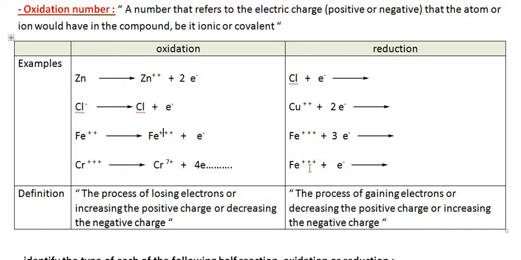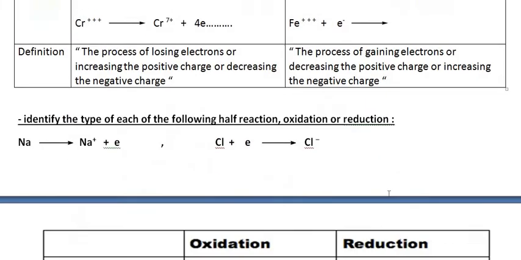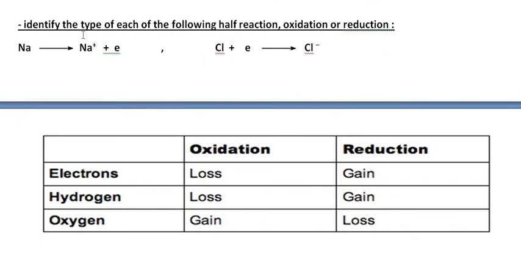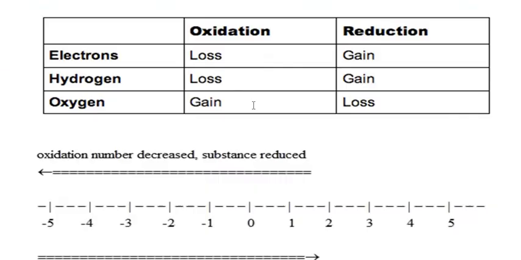For example, Fe plus electron gives Fe, from plus 3 to plus 2, a decrease of the positive charge, or increasing the negative charge, as here: Cl from 0 to Cl minus, an increase of the negative charge. So this process is called oxidation, and this process is called reduction.